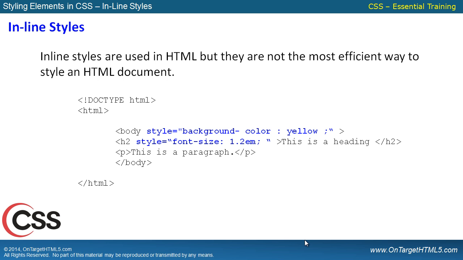As we saw using the inline style attribute, you can put a style attribute in any of your tag elements or your HTML elements and use the same type of declarations that we use in CSS. But again, it's not the most efficient way that we would actually do this because we're styling individual elements. If we had a large website, it would not be a very efficient way to style that particular website or that particular document for that matter.